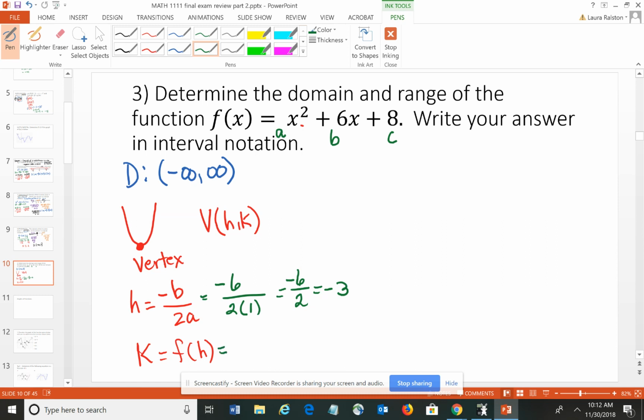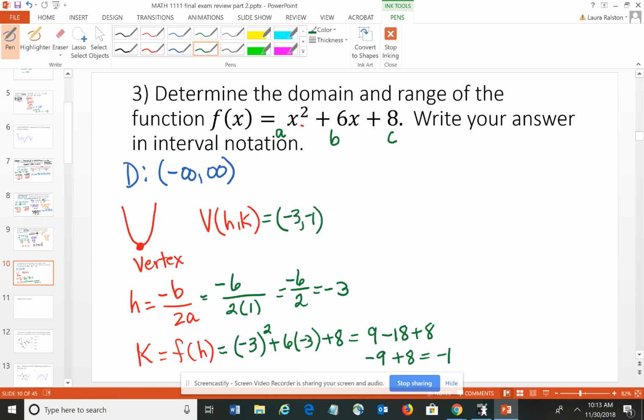To find the k, we're going to substitute -3 back in. So we have -3 squared plus 6 times -3 plus 8. So I would have 9 minus 18 plus 8. 9 minus 18 is -9, plus 8 gives me -1. So my vertex in ordered pair form is -3, -1.